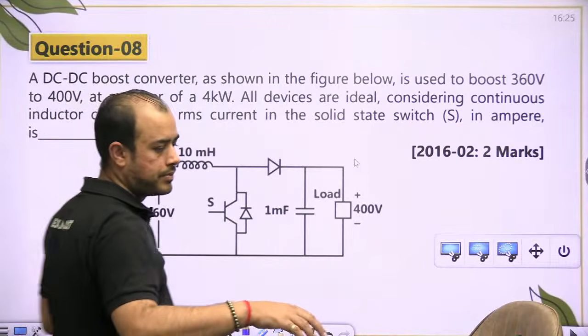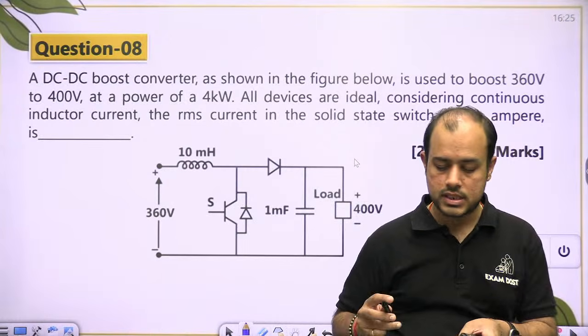3.513. Now beta, this is a boost converter.